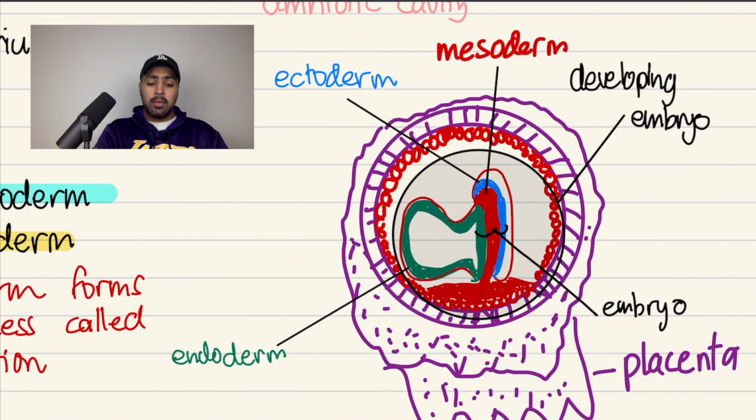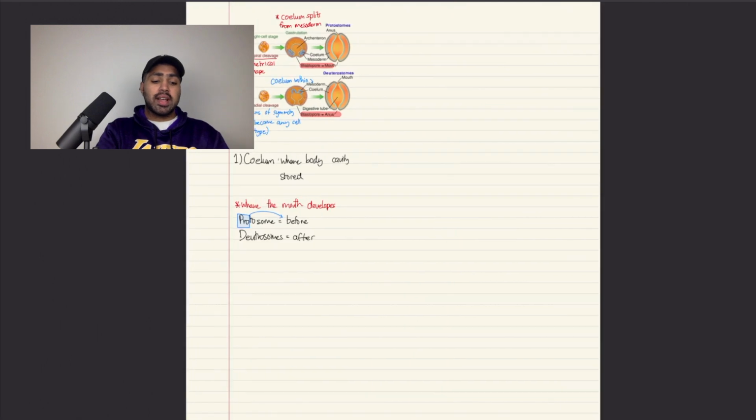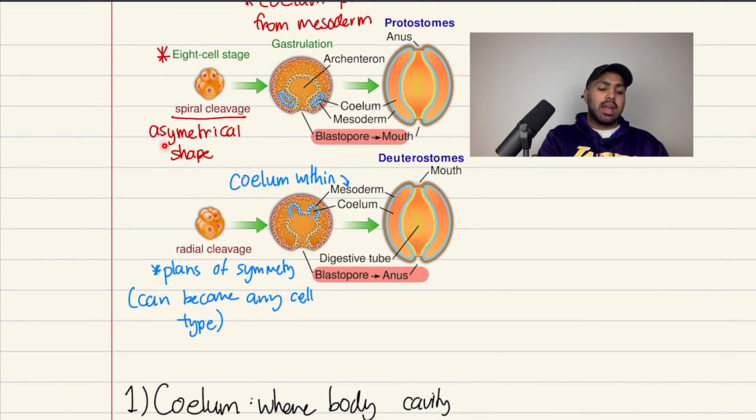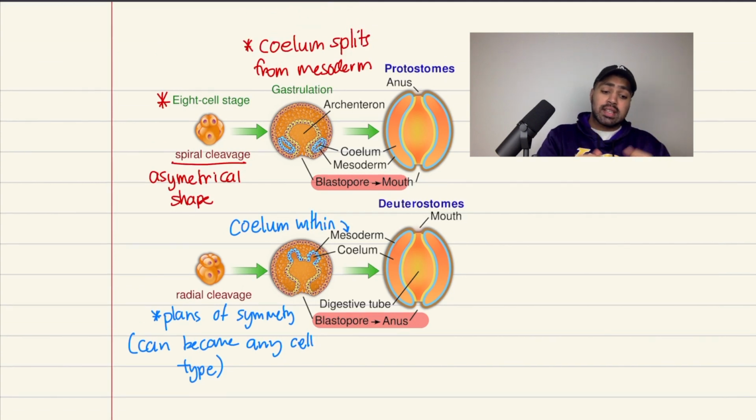Another thing that we want to mention real fast is the different kinds of gastrulation we can have. We have two kinds that are possible, depending on the cleavage. So the first is asymmetrical, and that means it's a spiral cleavage, and it has 8 cells. This is going to essentially, as the coelom splits, split from the mesoderm.